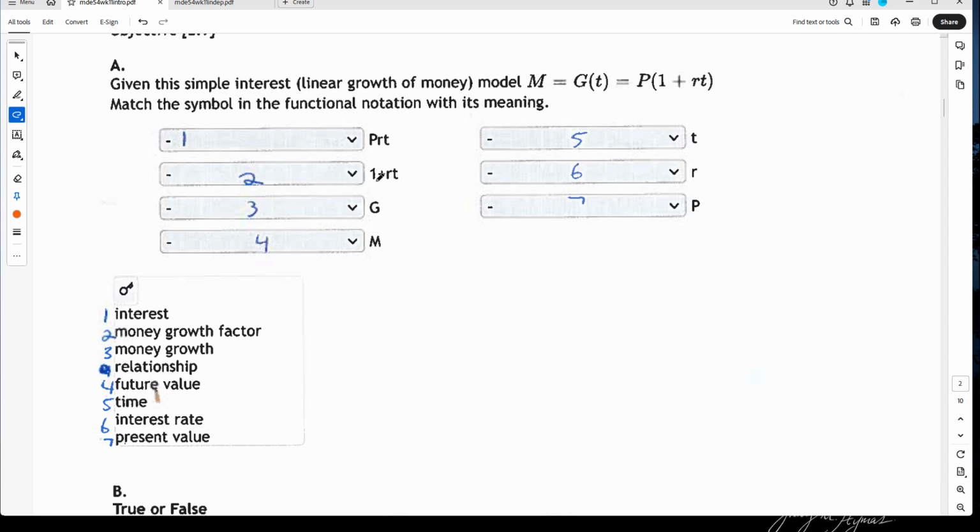This is 1 plus RT, that's the money growth factor. G is the money growth. M here is growing, so it could be the future value of it all. T is time, R is the rate, and P is the present value of it.